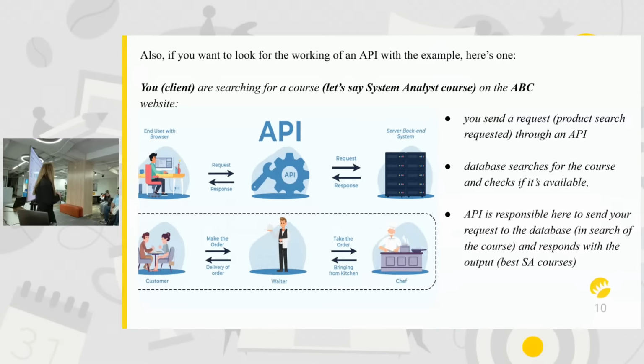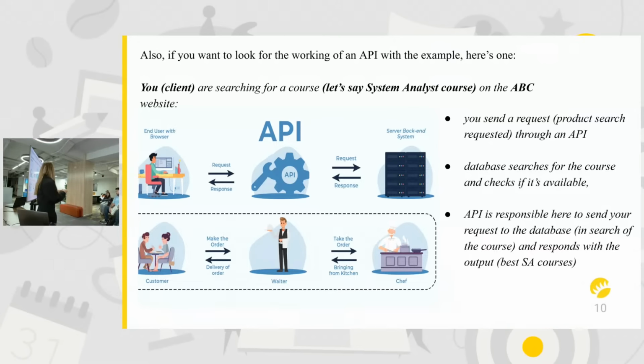So let's have a real example. Let's say that you want to study a system analysis course, and you type "best system analysis course" in the search bar on some website, let's say the ABC course website. And what happens?